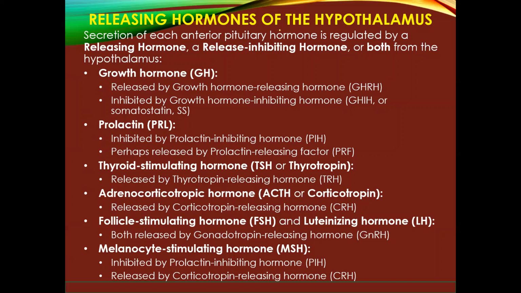Now, the hormones that control each of these 7 hormones produced by the anterior gland. Okay? So, for example, the hypothalamus will produce GHRH, growth hormone releasing hormone, in order to increase production of growth hormone.